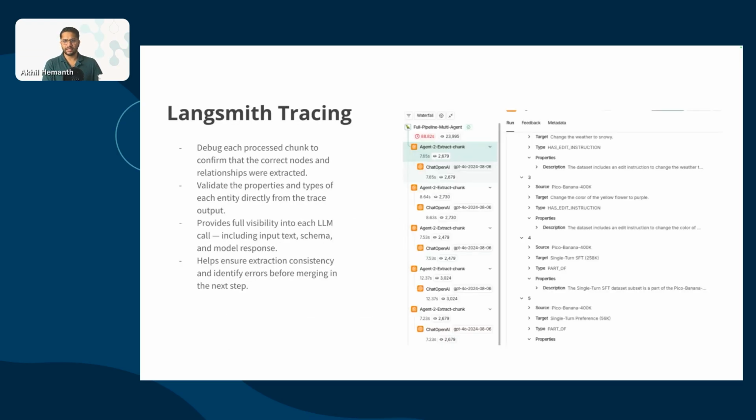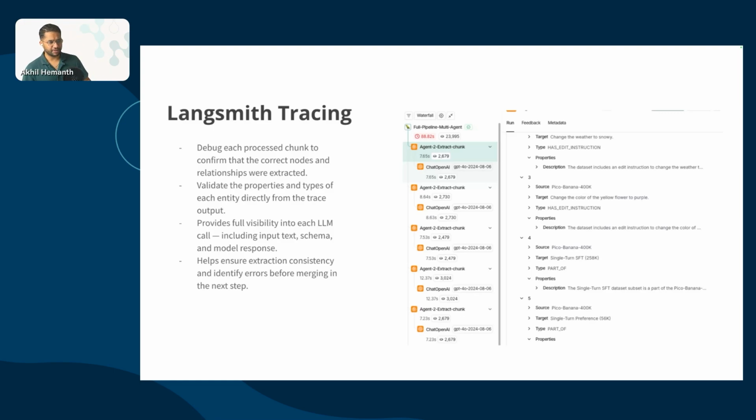And so this is an example of this agent's evaluation that's happening in the back end. So we can debug each processed chunk to confirm that the correct nodes and relationships were extracted. We can validate the properties and the types of each entity directly from the trace output, and it provides full visibility into each LLM call, including the input text, the schema, and the output.